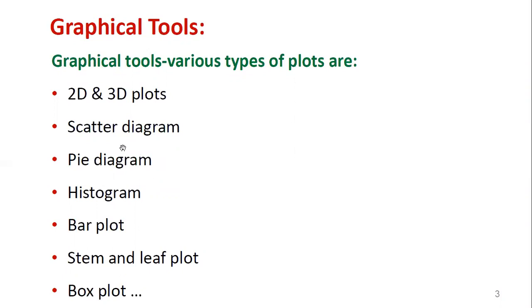Various plots are there: 2D and 3D plots, scatter diagram, pie diagram, histogram, bar plot, stem and leaf plot, box plot, etc. Now here we'll discuss bar plot, pie diagram and histogram in this lecture.